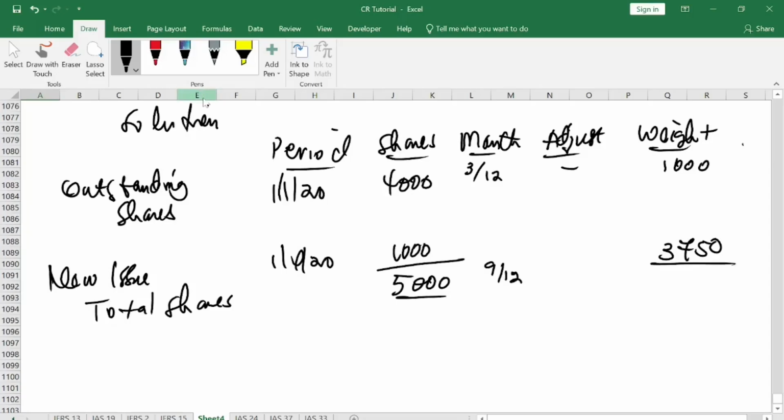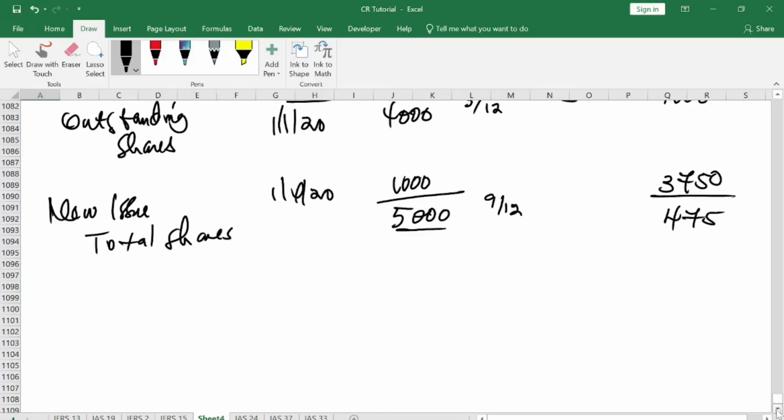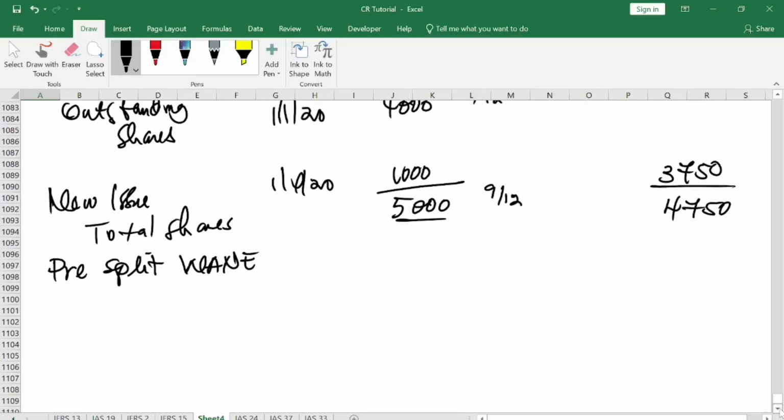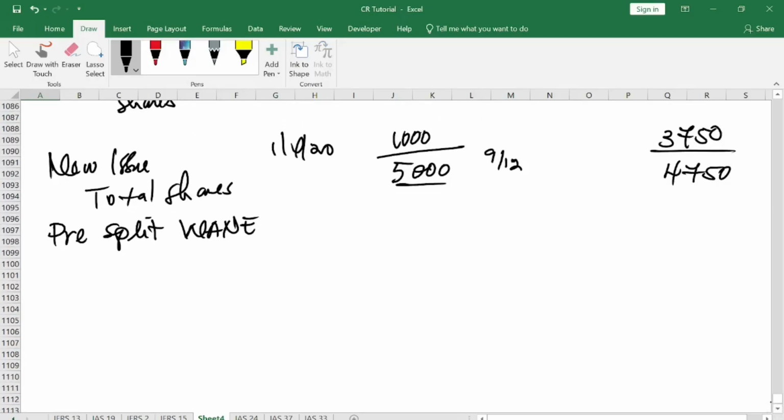Now when you add it, you have 4,750. This is your pre-split weighted shares. Once you have your pre-split weighted shares, you now apply the split retrospectively.